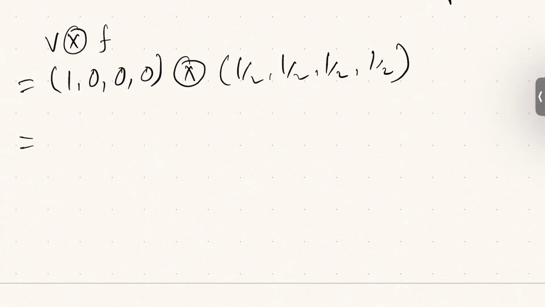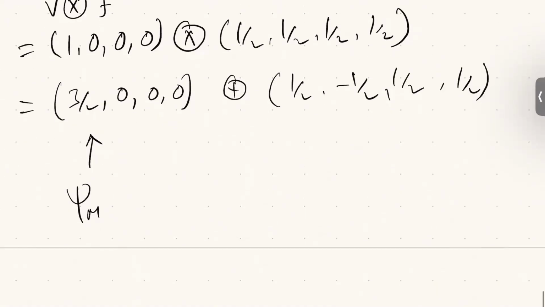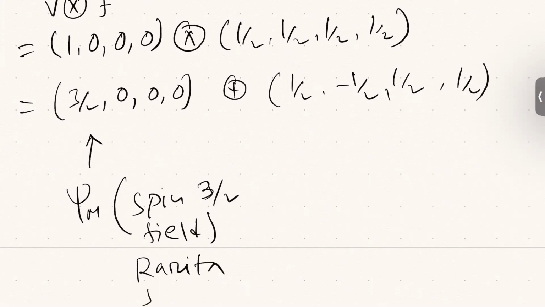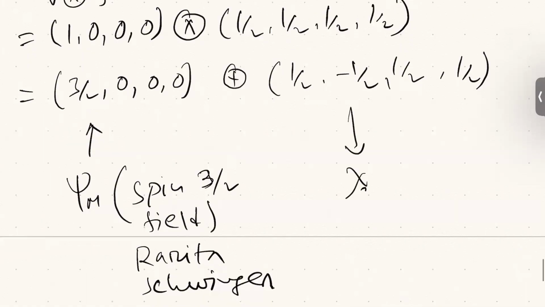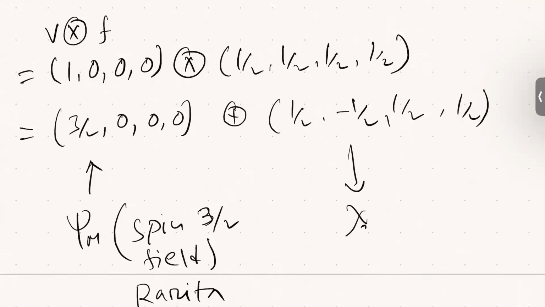In that case, you'll see you have this. So in that case, if you take this vector plus fermion, then you have this Rarita-Schwinger operators or Rarita-Schwinger field in the action of the effective theory.